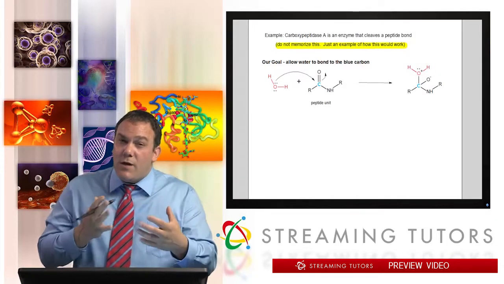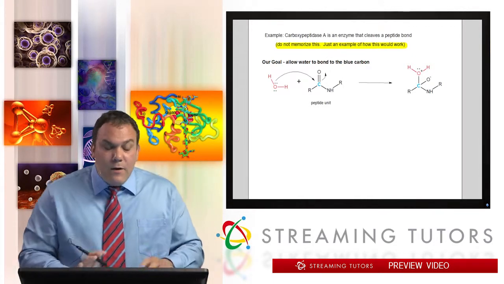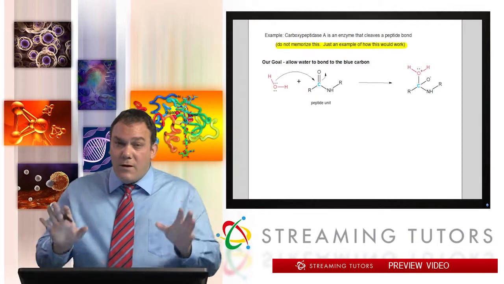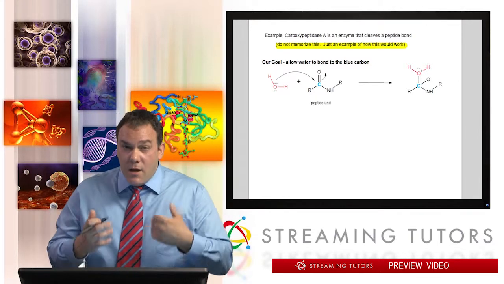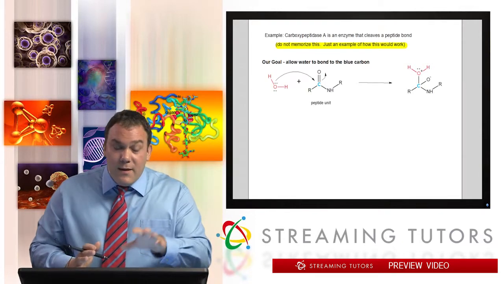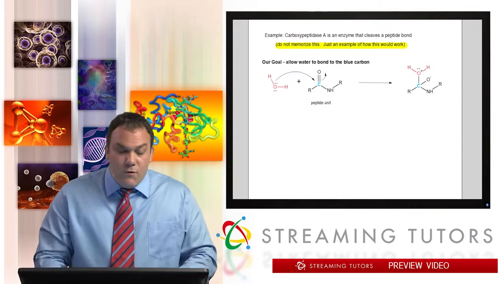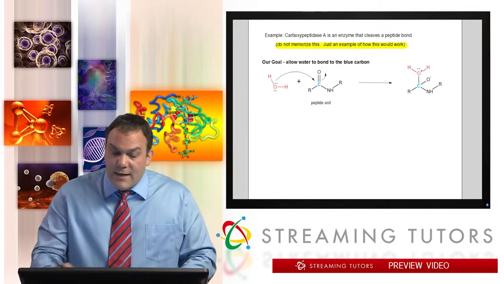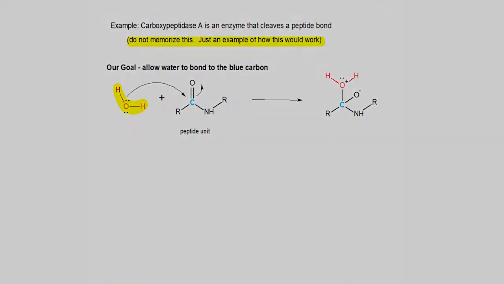So let's say, imagine you and I are trying to figure out how this would work. Okay? Now, here's an important step. This is nowhere near the completion of this reaction. It's just one part of the reaction, the part that we're interested in, okay? The acid-base part. All right. Now, if we look at this right here, what I'm illustrating is that water in red, this water molecule, will bond to the blue.